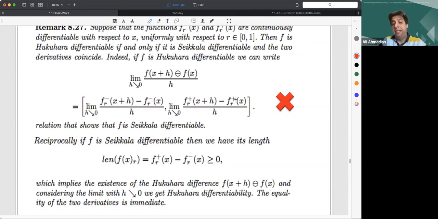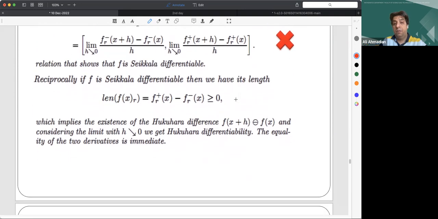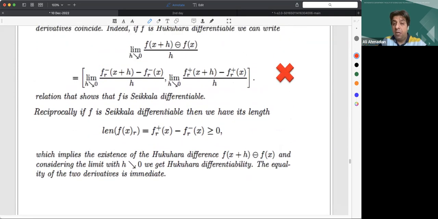The problem is that if you use Seikkala differentiability, then the length of the function, meaning f plus the lower minus upper, okay, so the lower minus upper is equal to or greater than 0. Then, using the Hukuhara differentiability over the time interval, I already mentioned that we have some problem.